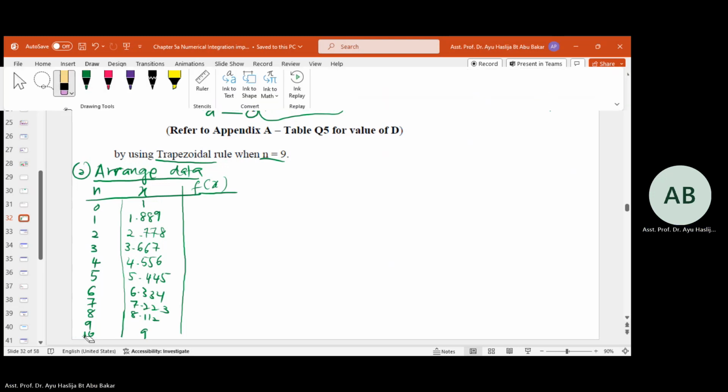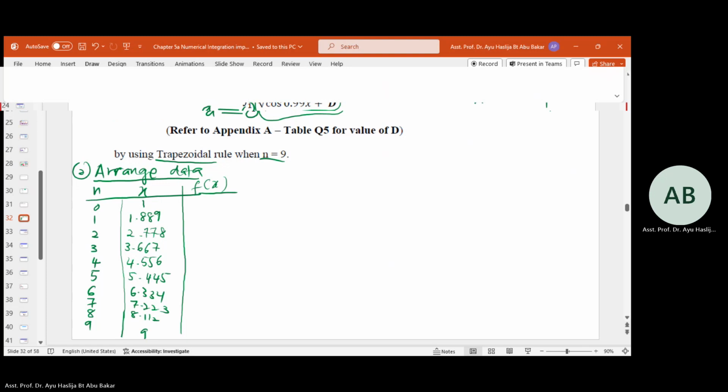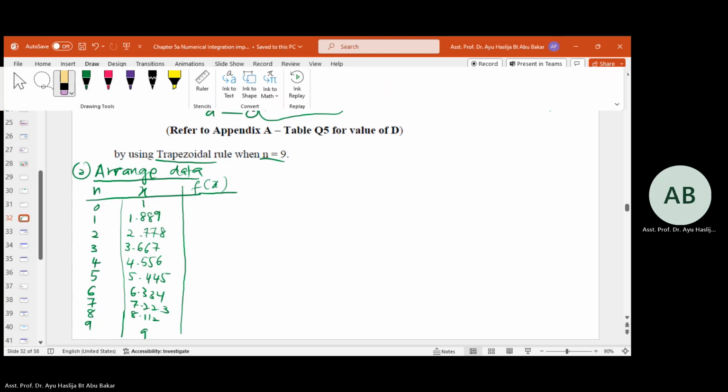That's where the mistake was. So the last point will be 9 at N equals to 9.